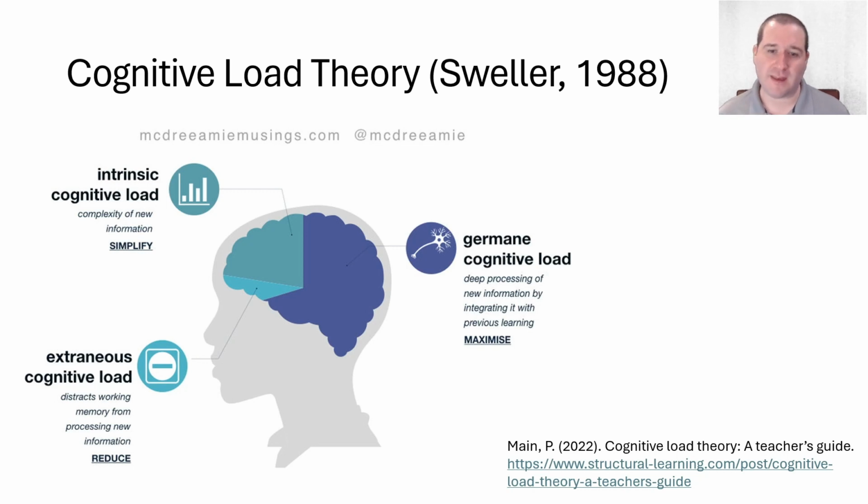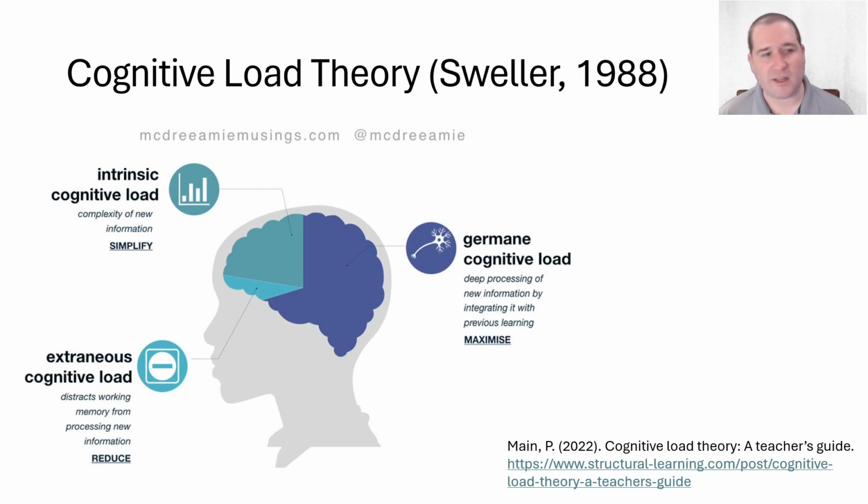We're fitting it within our schema. And then finally, he talks about the extraneous cognitive load. And this is a distraction. This does not have to do with the working memory. Maybe this is wondering what time it is, or how long till lunch, or where am I supposed to start on this assignment? So extraneous cognitive load is kind of the distractions.